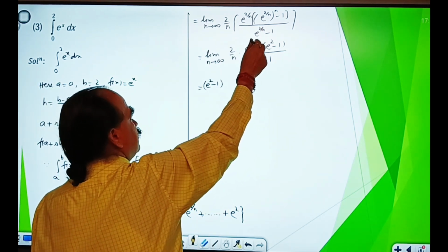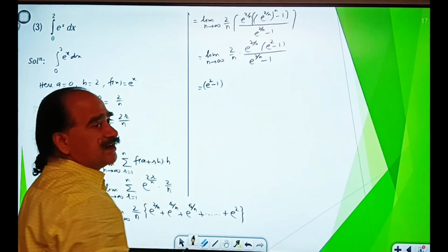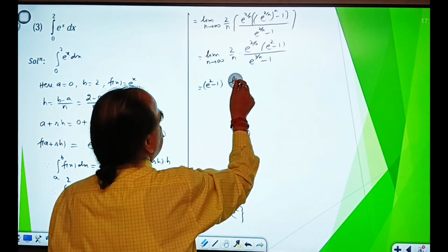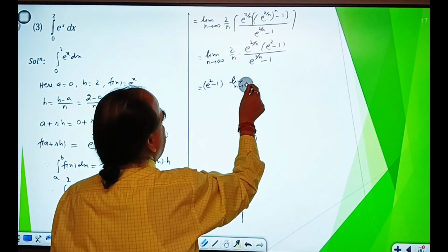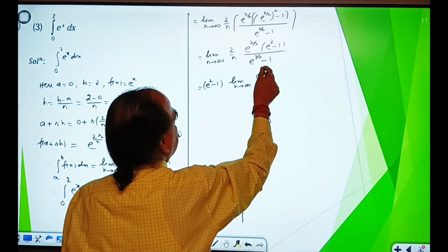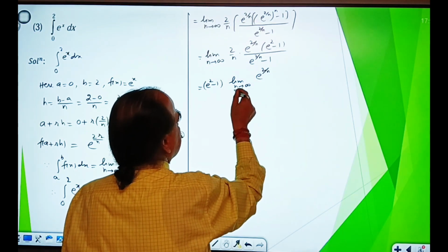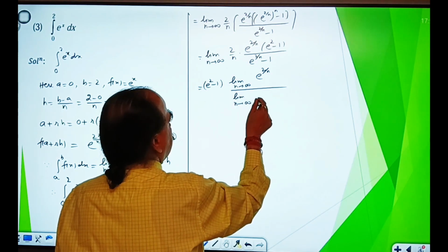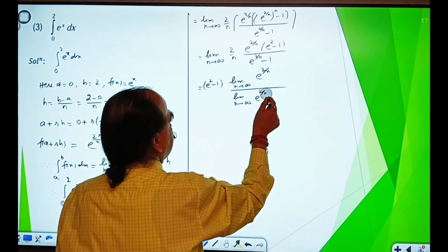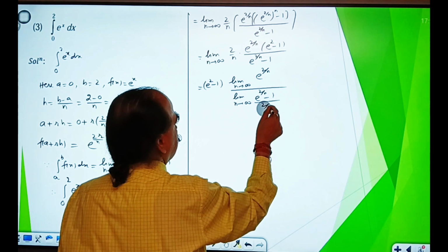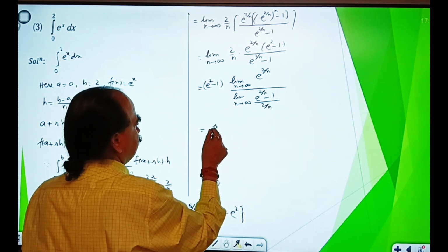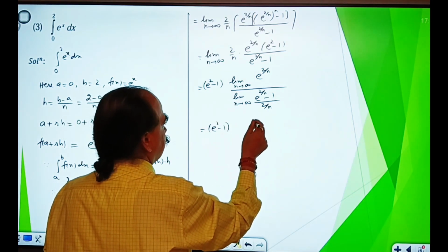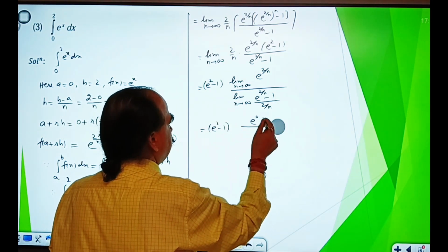And this is what? a into 1 upon b can be written as 1 upon b by a and separate limit. So limit n tends to infinity e raised to 2 by n divided by limit n tends to infinity e raised to 2 by n minus 1 upon 2 by n, which is e square minus 1 into e raised to 0 upon this is what?